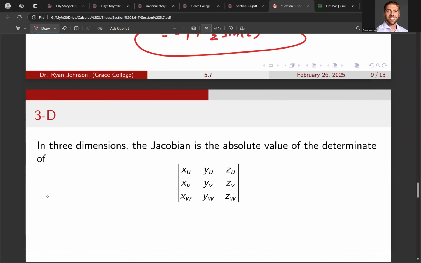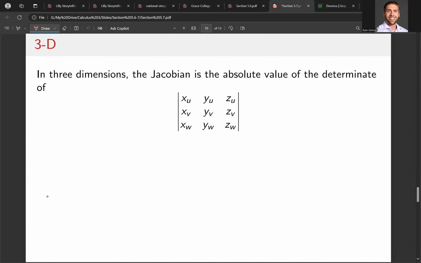Okay. Now we can go 3D. So do you remember doing these determinants for cross products? When you're doing a 3 by 3 determinant, there's a slower way to do it, but the faster way is kind of what I showed you for cross products, where you copy rows 1 and 2.